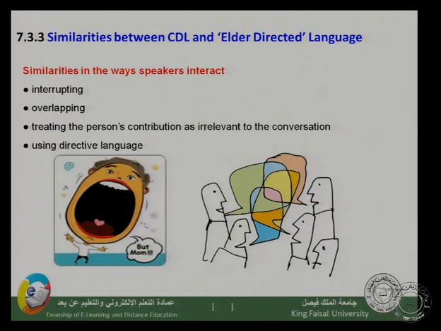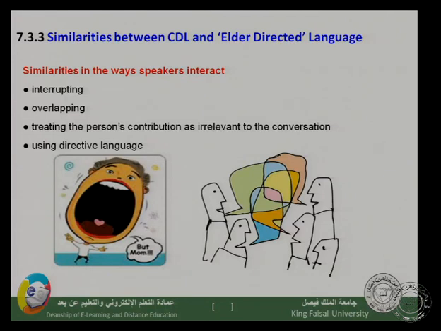Young children and people over 65 also tend to treat other people's contributions as irrelevant to the conversation. So they do not really pay attention to whatever they say to one another, or to the speaker's contribution, because they consider it irrelevant to the conversation.